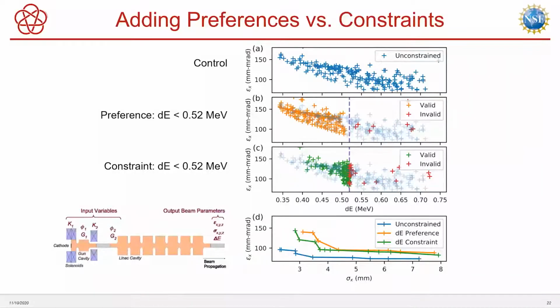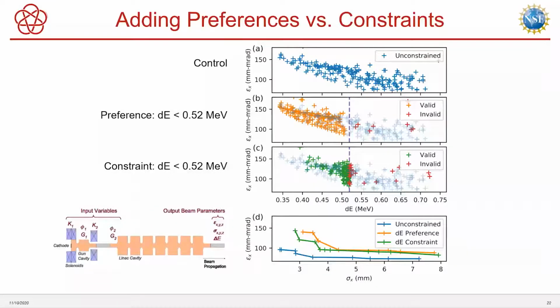Right. So it's always going to be a trade-off between those 3 objectives. Okay. And that's why the Pareto front in sigma x and emittance x looks worse when we constrain the increase in the energy spread. Okay. Thanks.